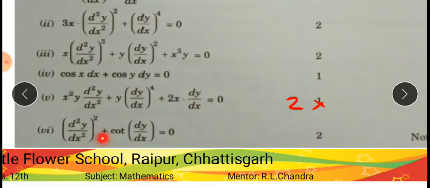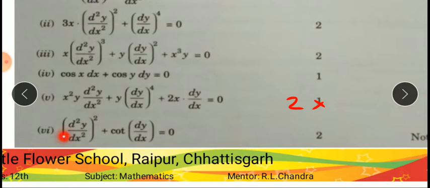Now refer the next question. (d2y by dx2) whole square plus cot (dy by dx) is equal to 0. You can see here this is cot (dy by dx), means this is not a polynomial. This is not a polynomial due to this term cot (dy by dx).